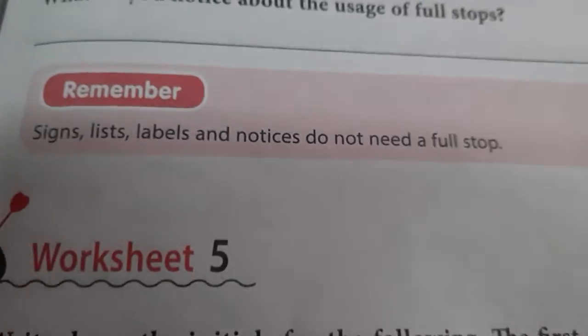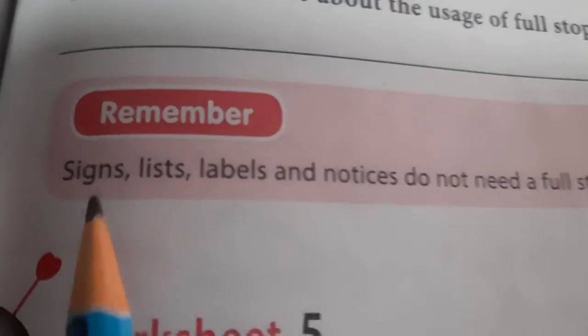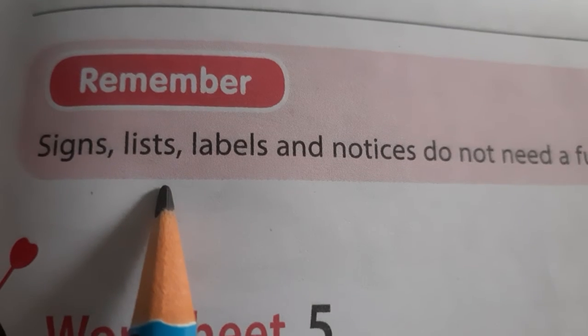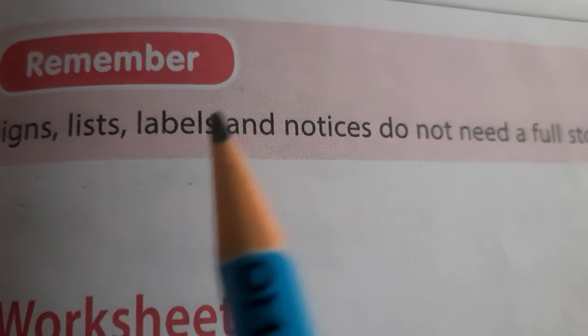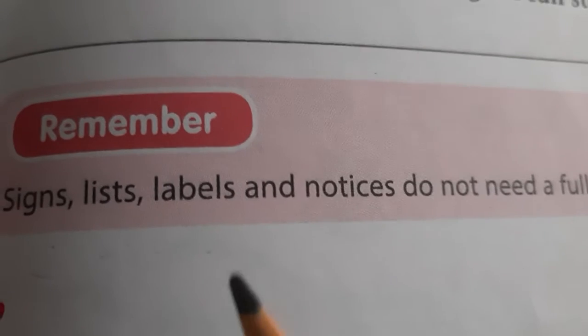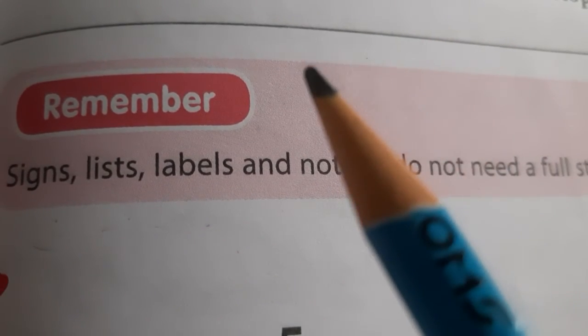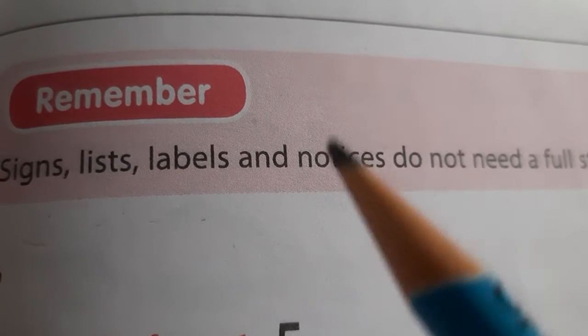One more important rule that we must remember for a full stop is that signs, lists, labels and notices do not need a full stop. So all these things will never need a full stop. Suppose we are making a list of grocery things one after the other.